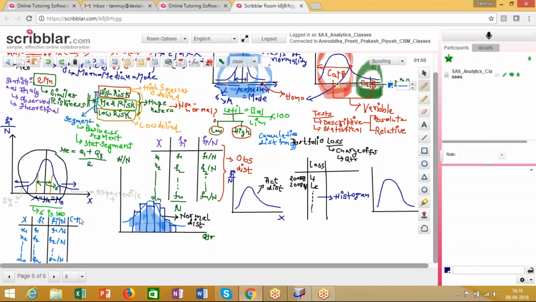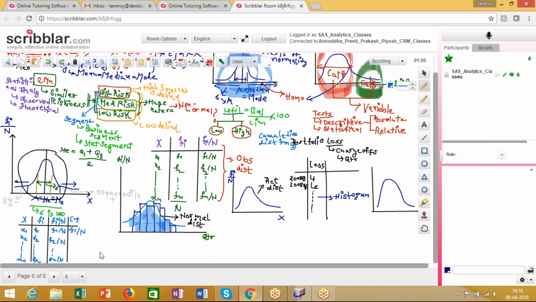So the first level of the cumulative distribution function is f1 by n. What it tells me is the probability that there is a number x which is less than or equal to x1.